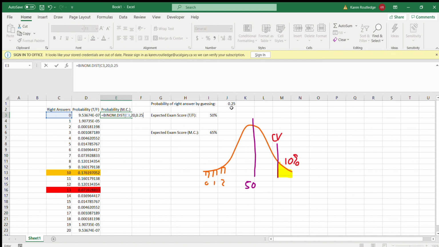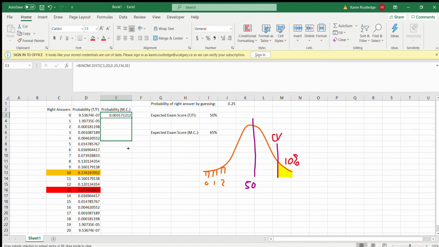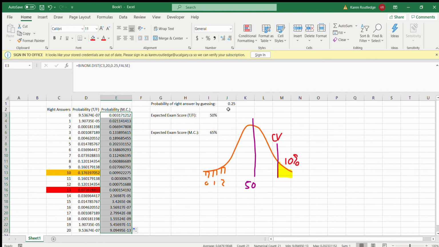It's more difficult to get a right answer by guessing. And cumulative is still false. We want an exact probability. So now this is still a small number, but compared to the original, we can see it is now much more likely to get no right answers because there's only a 1 out of 4 chance of doing so, purely by chance.